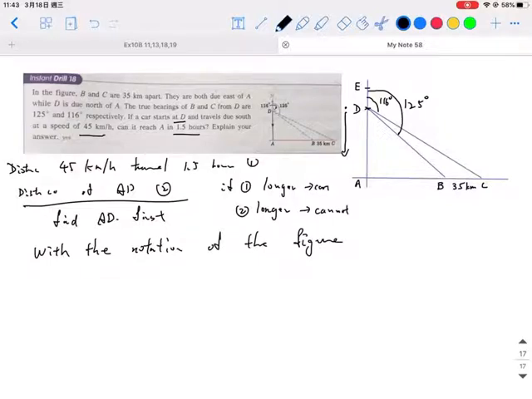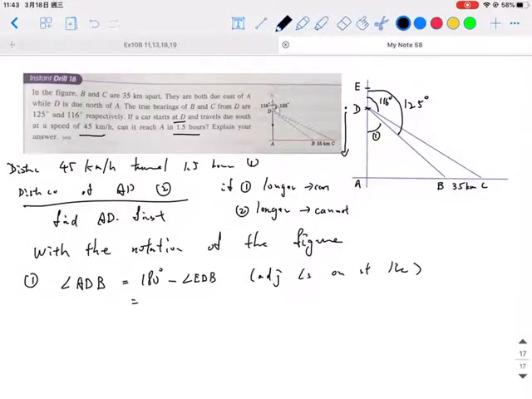So I need to write down these two angles first. The first one is ADB. It's the first angle, which should be angle ADB is 180 degrees minus angle EDB, which is adjacent angles on a straight line. That means it's equal to 55 degrees.